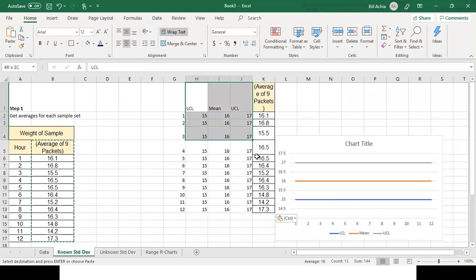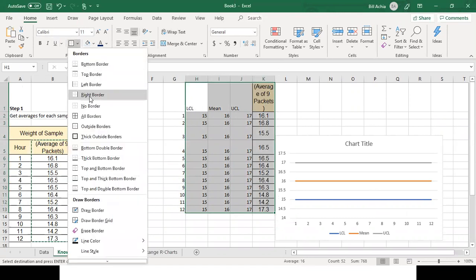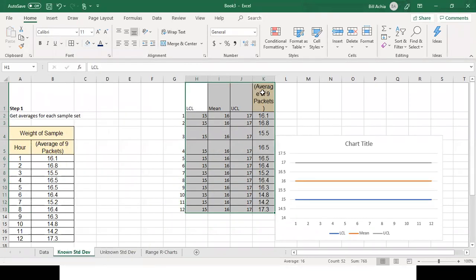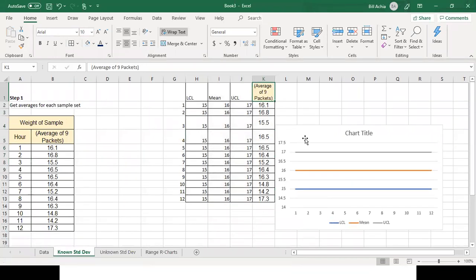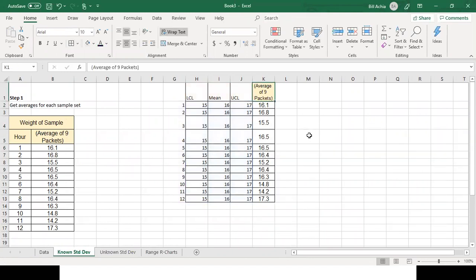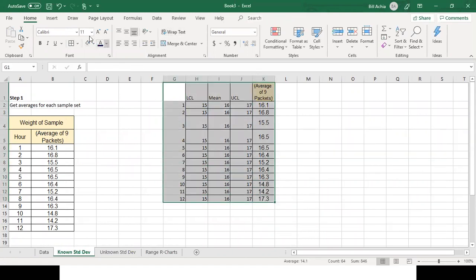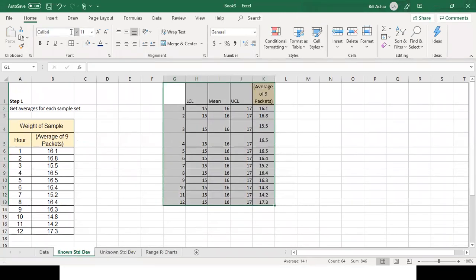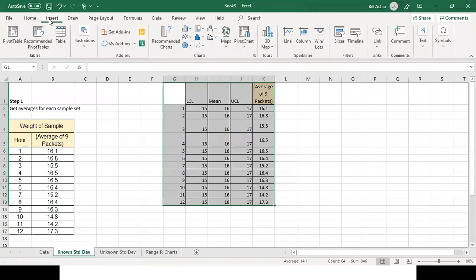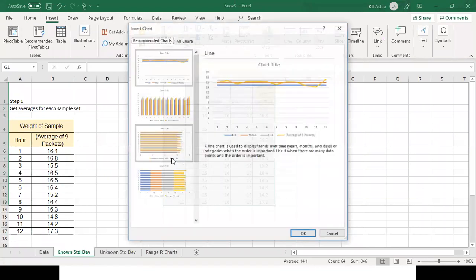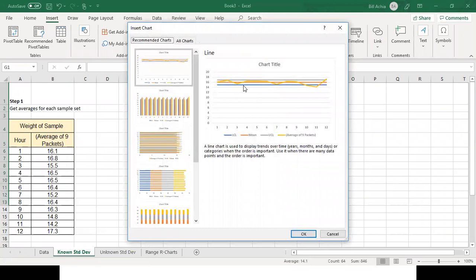So I'm going to add this here. And let's make this slightly more fancy, add some borders. Bit smaller. So I'm going to rerun this chart and include that new additional information. Insert chart. I'm going to add this chart right here.